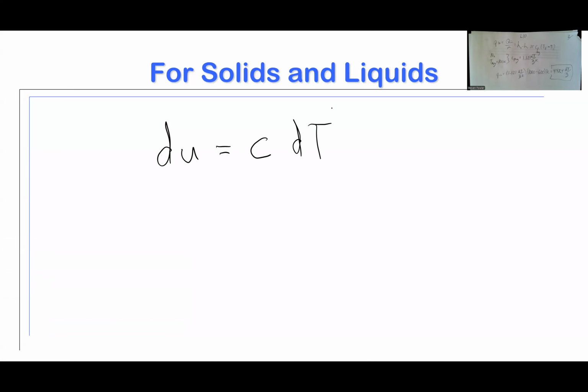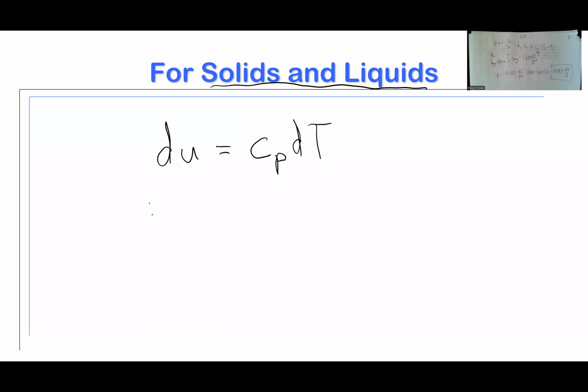Now, in your text, they like to use a letter P here on that specific heat. I wish they wouldn't, but they do. A lot of texts will just simply use a C value, a specific heat. But in your text, for solids and liquids, C sub P is going to relate to delta U.